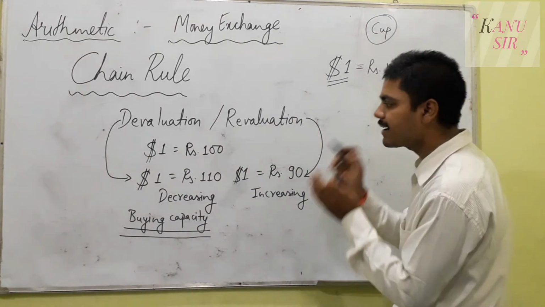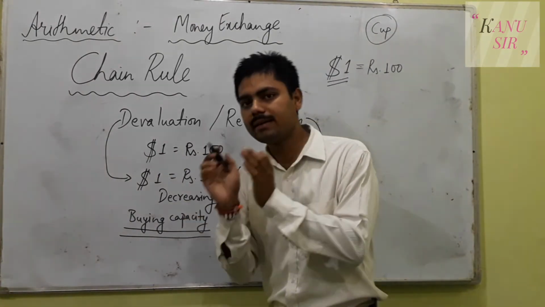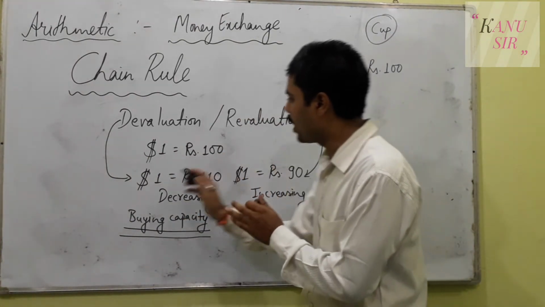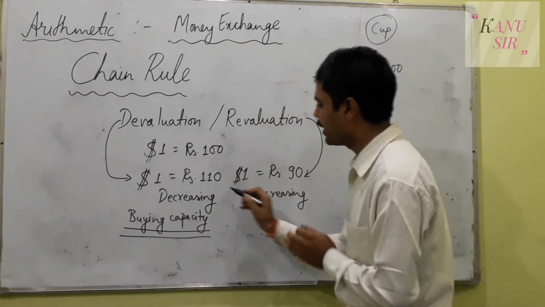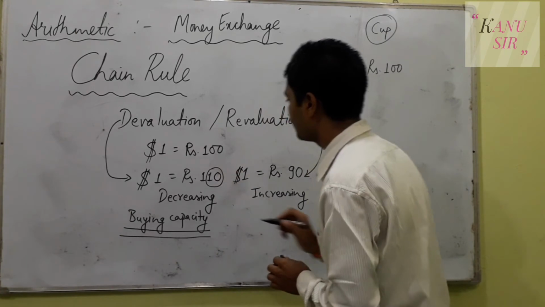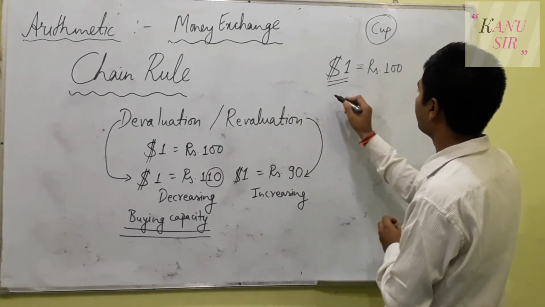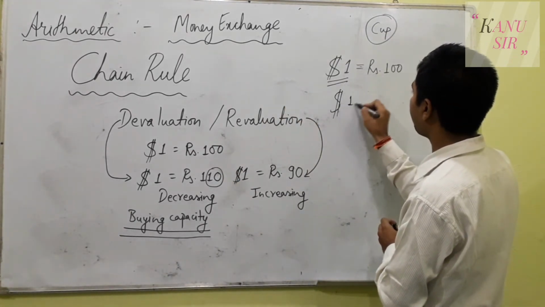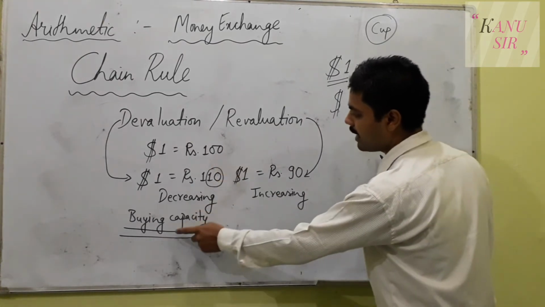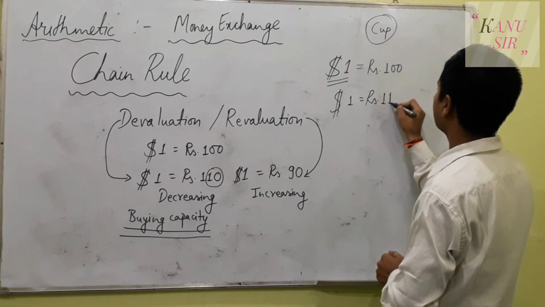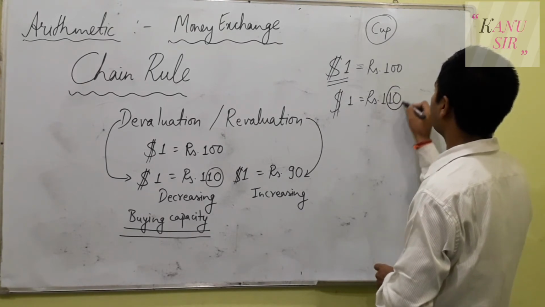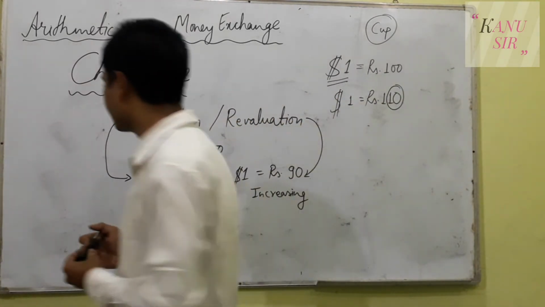But later on, the next day, the Nepalese currency devaluated, and now $1 is equal to 110. So that tourist has to pay 10 rupees extra to the shopkeeper, the shop owner, and it means the buying capacity of the Nepalese currency has decreased. So the tourist will be paying 110, among which 10 rupees is extra here.